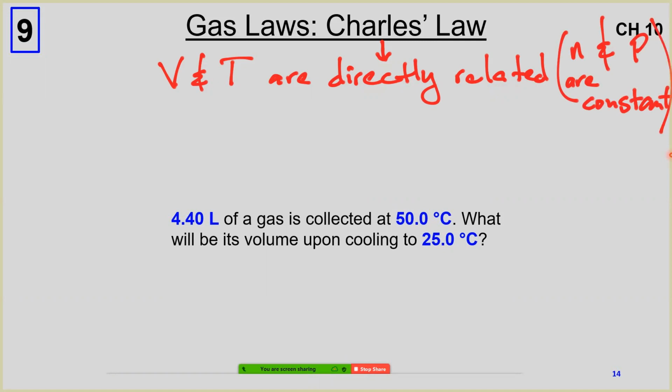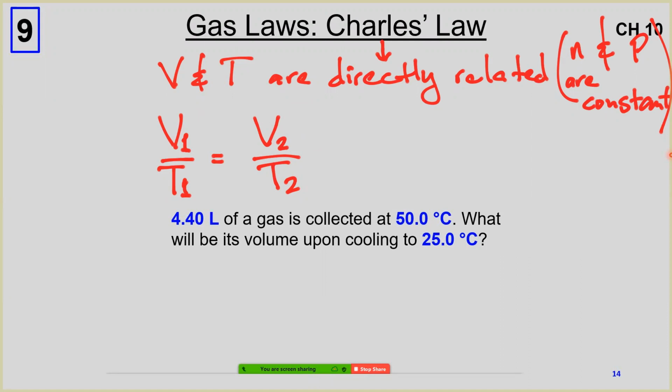And he proved this using his equation V1 over T1 equals V2 over T2. Initial volume divided by initial temperature equals final volume divided by final temperature.